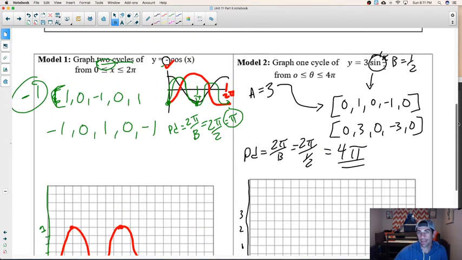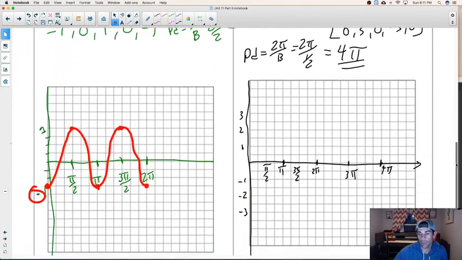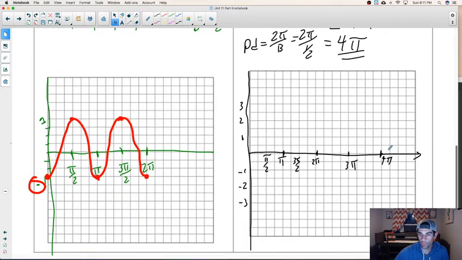of a sine curve from 0 to 4 pi. Okay, so we know one cycle of a sine curve has to look like this, right? So there. Now when I hit 2 pi, that's going to be half, and when I hit 4 pi, that's going to be the full. So that means right there, at pi, I'll go up to 3.